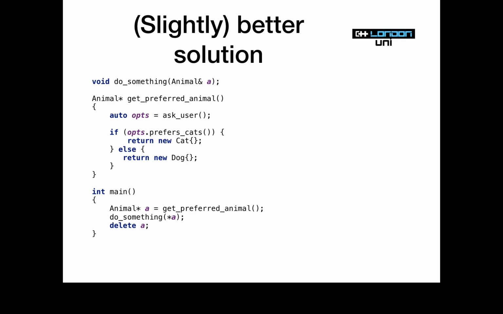Cat publicly inherits from animal. So a pointer to a cat can be converted to a pointer to an animal. And then later, we call delete on that pointer that we were given. And that will, hopefully, if we've got things right, delete the object that we allocated with new.